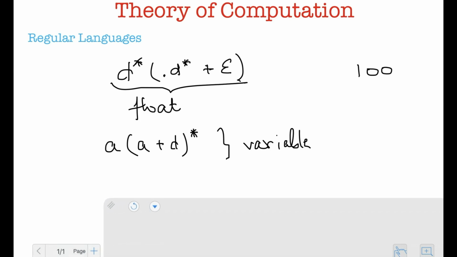But there are some cases where languages are not regular, and I'm going to give you an example language and just leave you with the claim that it is not regular. You could, of course, after this video, try and come up with a regular expression or a finite automaton for it. You're not going to be able to come up with one.